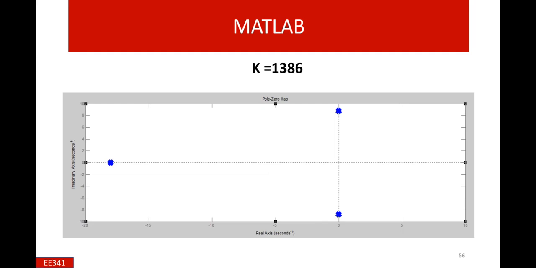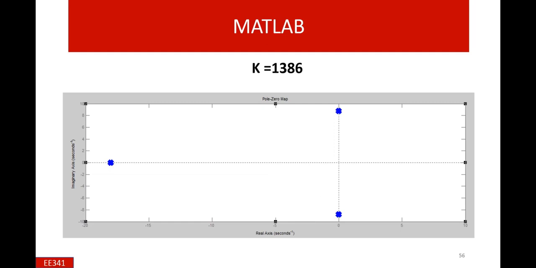If we take k equal to 1386, then the system behavior is oscillatory and the two poles are on the vertical axis. This example is very important, especially if we want to design the controller value, any value of k.